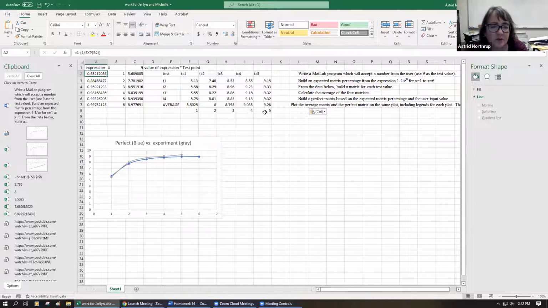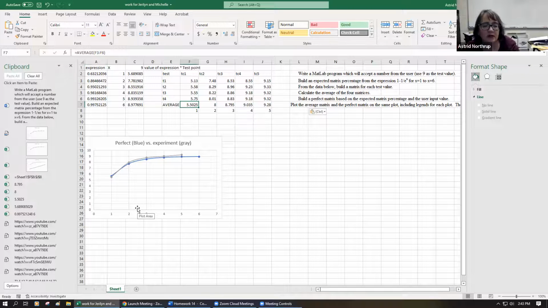So there are only 5 points instead of 6 points, but each of these points has been tested 4 different times because the test has been run 4 different times. So when you take the average of each of those 4, that's what the equation looks like in Excel. You then take these 5 averages and you plot them against points 1 through 5. There's only 5, not 6, but you get this gray curve.